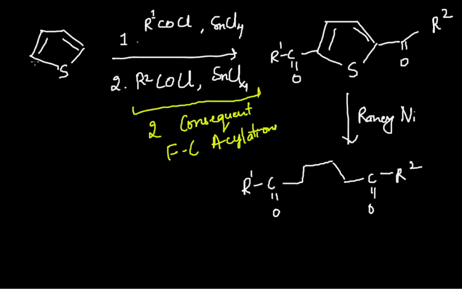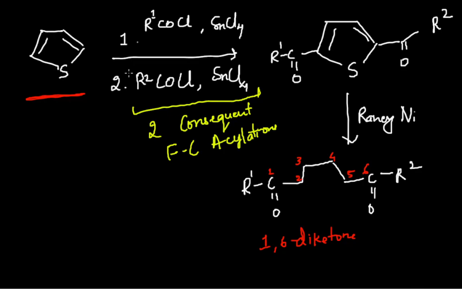How is it 1,6? Let us do the numbering: 1, 2, 3, 4, 5, 6. So 1,6 diketones. When your thiophene undergoes two consecutive Friedel-Crafts acylations, and then you treat it with Raney nickel, you end up getting 1,6 diketones.